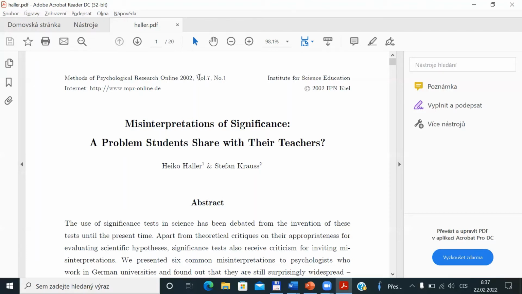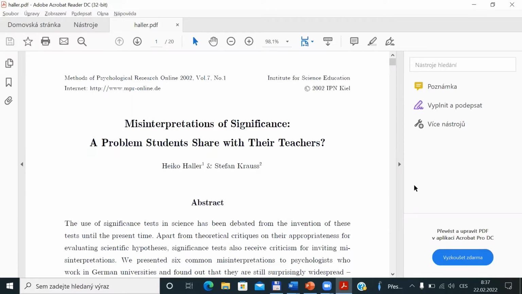Before we go to the tests and correct results, I would like to ask if somebody could try to define the p-value, as it was the first open-ended question in the test. Can somebody try to define what the magic p-value is, which is used for the evaluation of statistical tests?